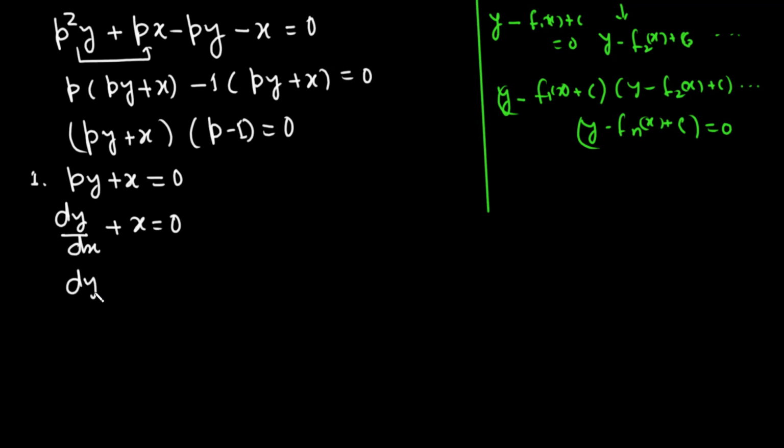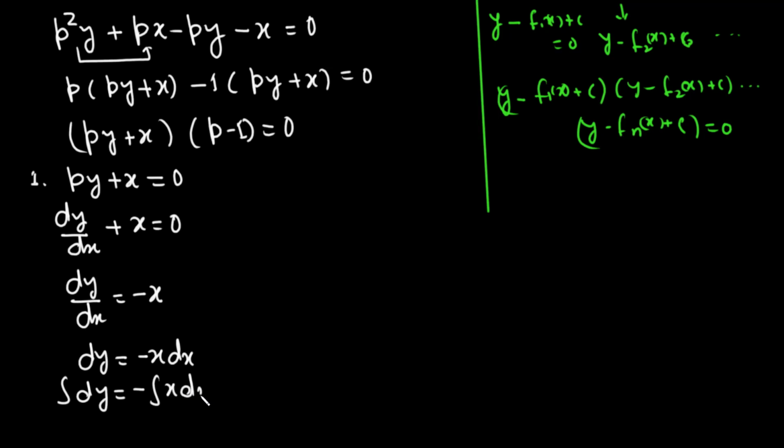Rearranging the differentials, we can write it as y dy equals minus x dx. This is a first order, first degree separable form. So integration of y dy equals minus integration of x dx, and we have this arbitrary constant c. So this becomes y square by 2 equals minus x square by 2 plus c.